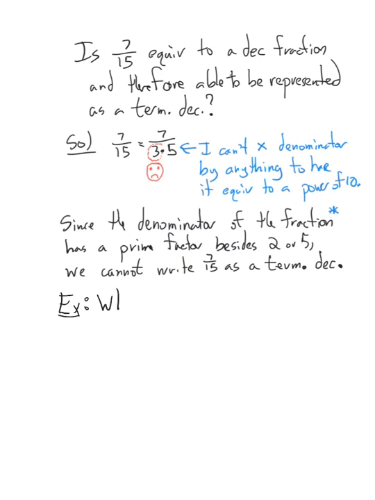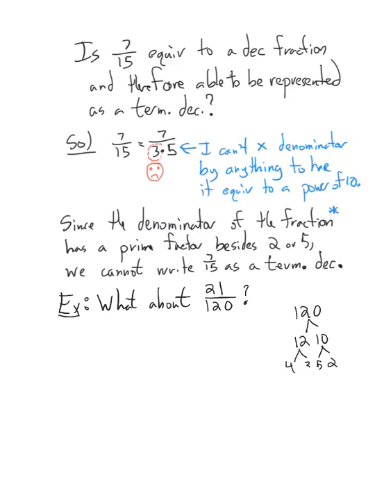So what about, oh, I don't know, let's do 21/120. Okay, again, let's factor 120. That's 12 times 10. 10 is 5 times 2, looking good so far.